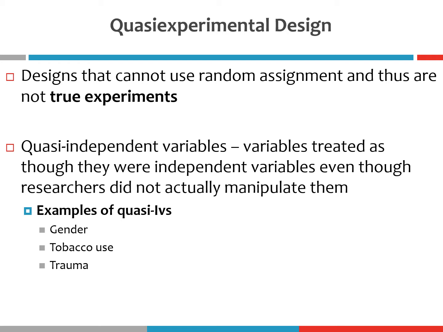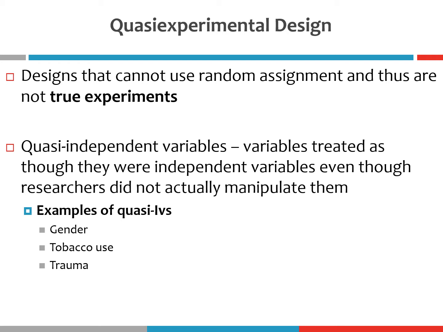And we can't randomly assign our participants to experience something dangerous, right? So we can't randomly assign participants to a radiation condition versus no radiation or something like that, right?